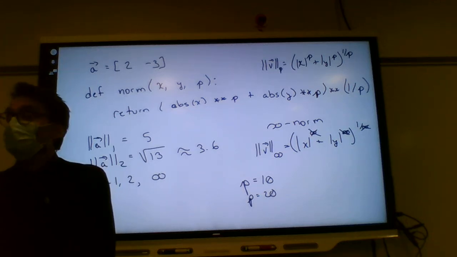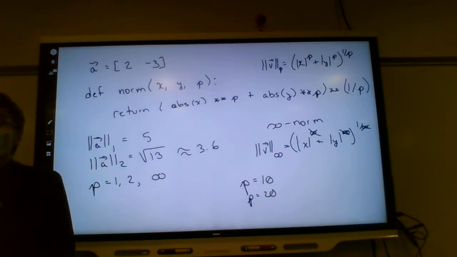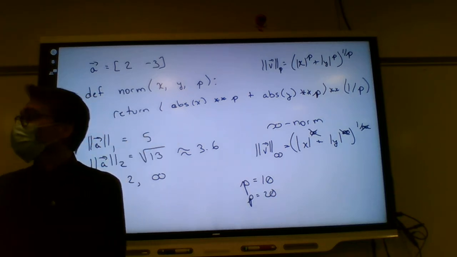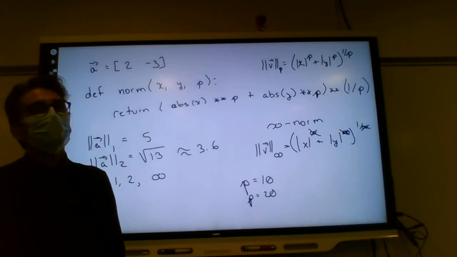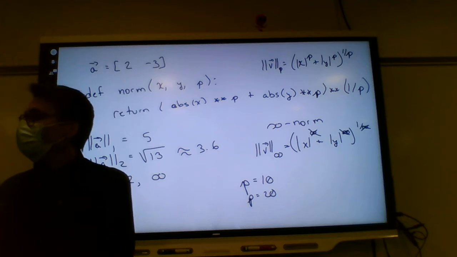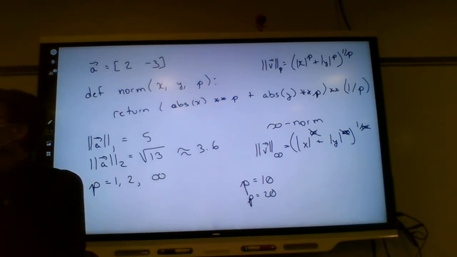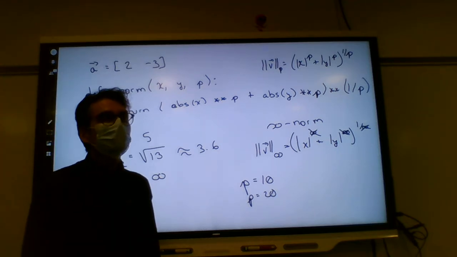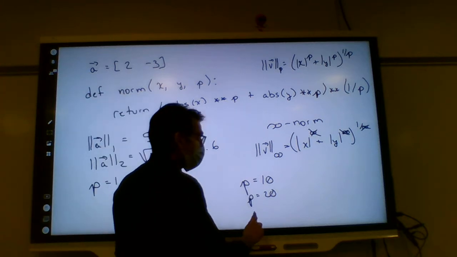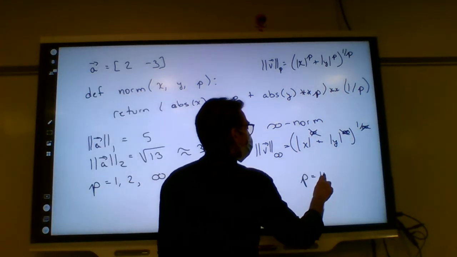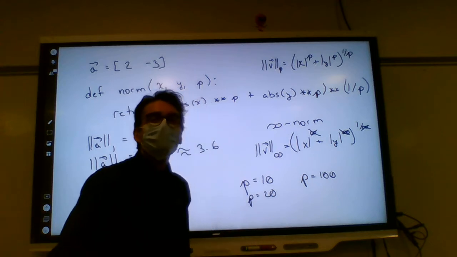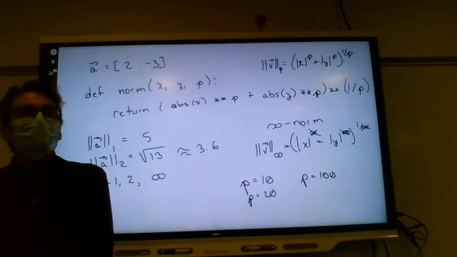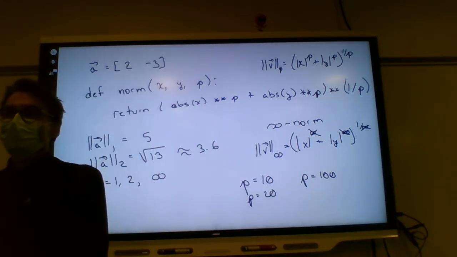Yes, the infinity norm is finding the limit as P gets bigger and bigger. So if you've had calculus, we're looking at the limit as P approaches infinity. So what happens when you put P equals 20? Even closer to, let's try P equals 100. Just gives us back 3.0, right?